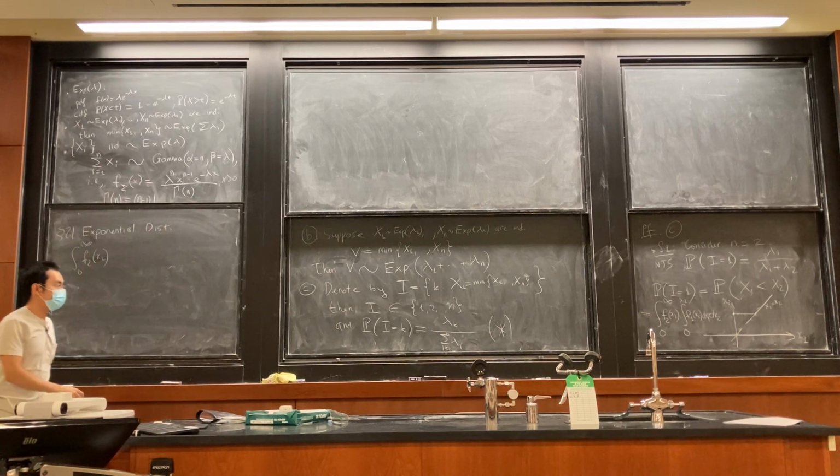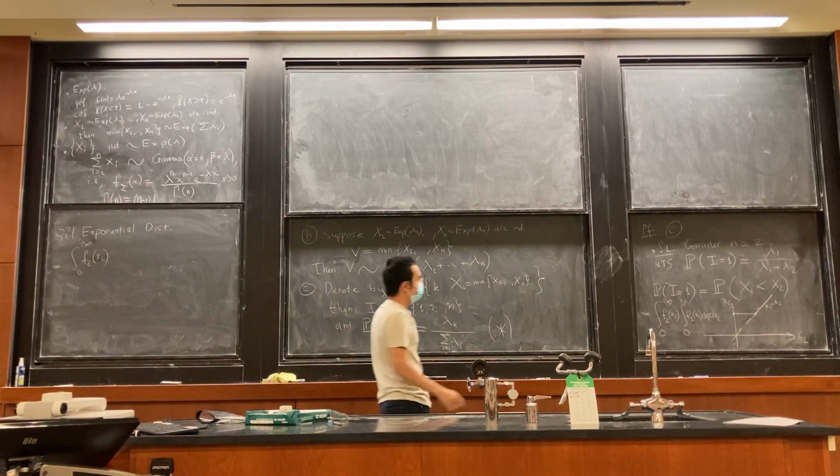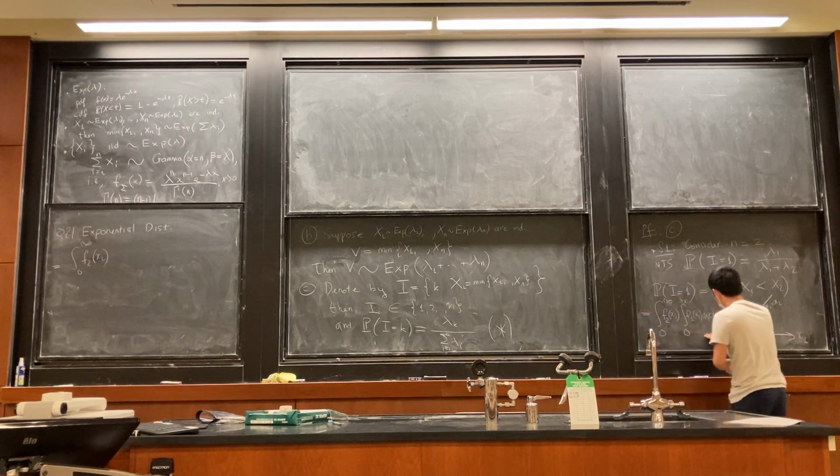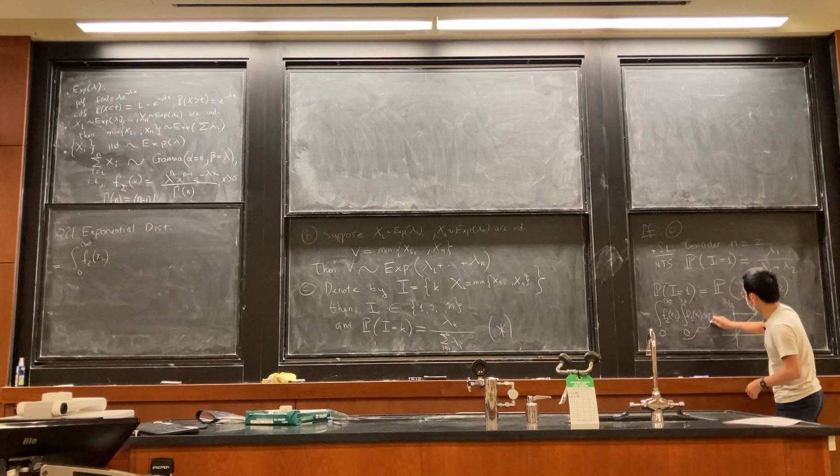What is the integral of the first guy? This inner integral is simply the CDF of x1. This right here is the probability the random variable x1 is less than the middle x2.